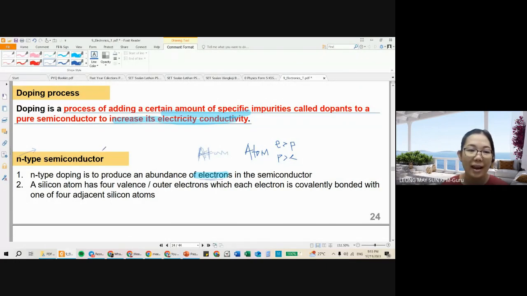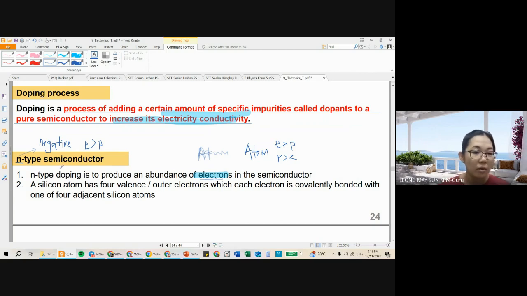So the N here represents negative. Negative means there are more electrons compared to protons in the semiconductor. Hence, it is more negatively charged, and that's why it's called an N type semiconductor. They have more free electrons compared to holes.